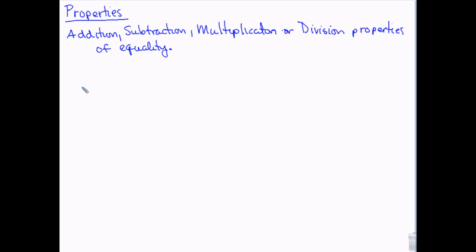Okay. What these properties state is that I can add, subtract, multiply, or divide on both sides of an equal. And I don't change the truth.